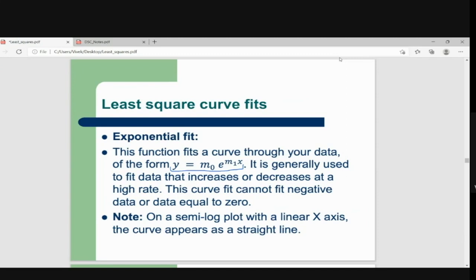In that case it is better to use the exponential fit. So we let y be equal to this one, and in this case we need to find the values of m naught and m1. If we are able to find them, then the given data can be approximated with the help of this exponential fit.